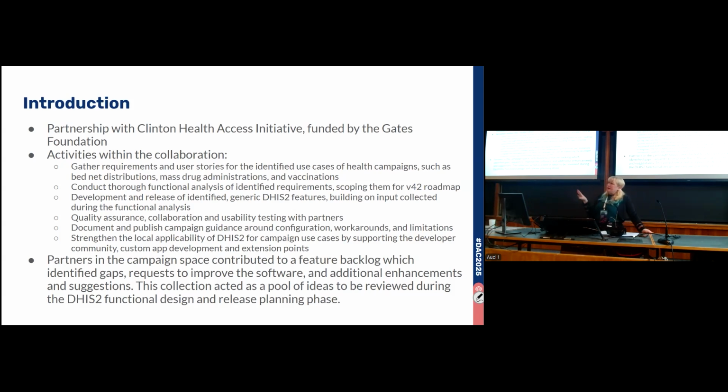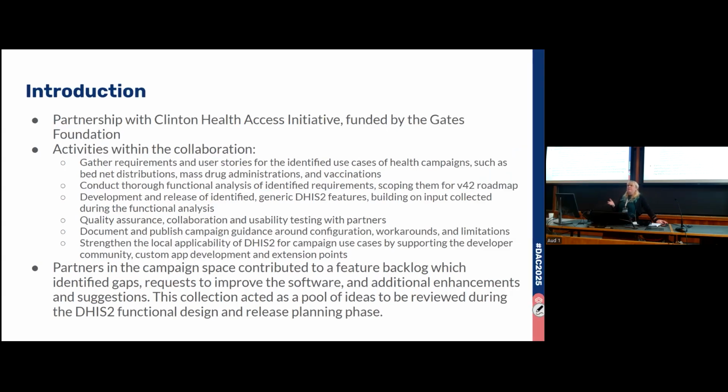Within the collaboration we have a long list of activities, but some of the main things were that we really wanted to gather requirements and user stories for a variety of use cases of health campaigns. As we do in the DHIS2 software, we conduct functional analysis, look at user stories, create some initial designs, and iterate on this.